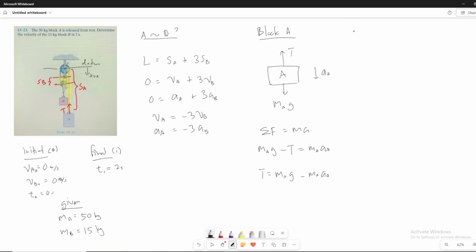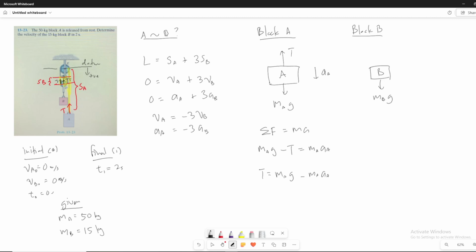Now let's look at block B. So we have B, and we have MBG, and the string pulls up with T, and here T, and then it goes here T. So we have 3 T's.